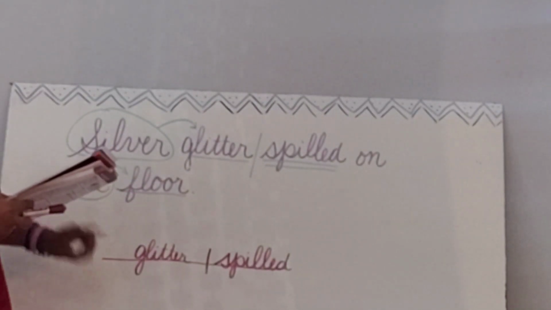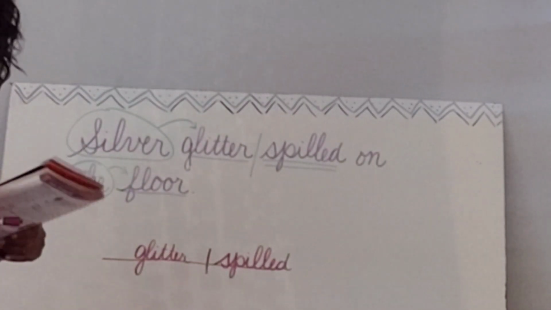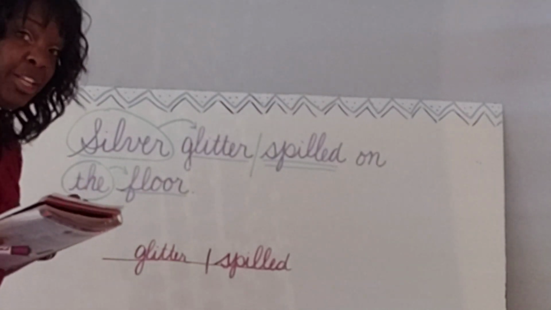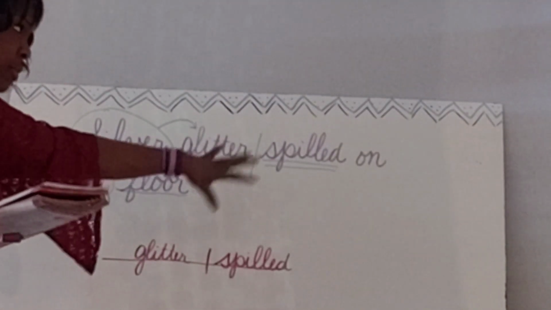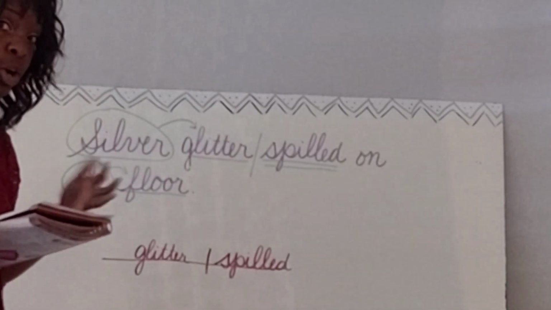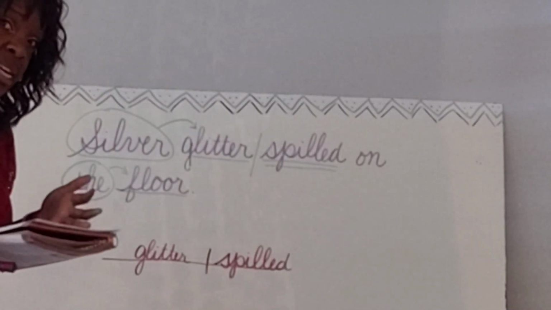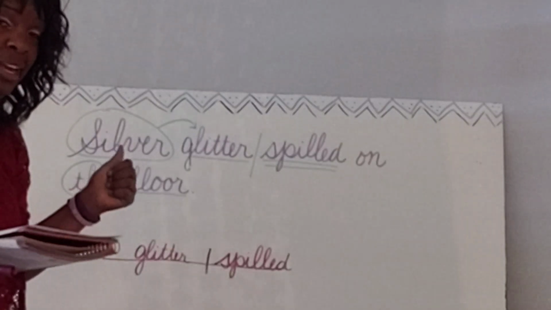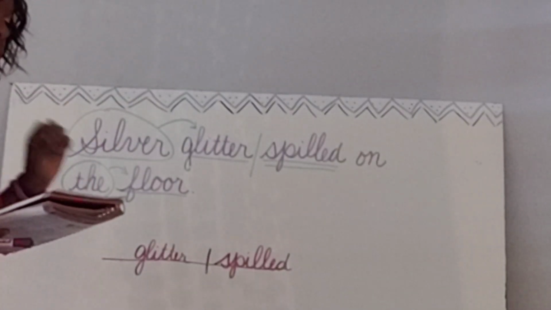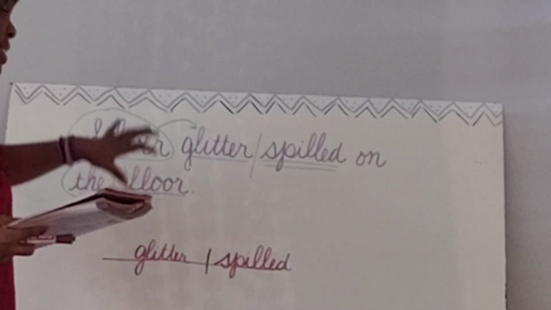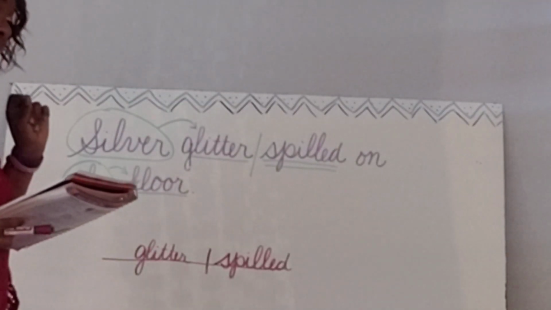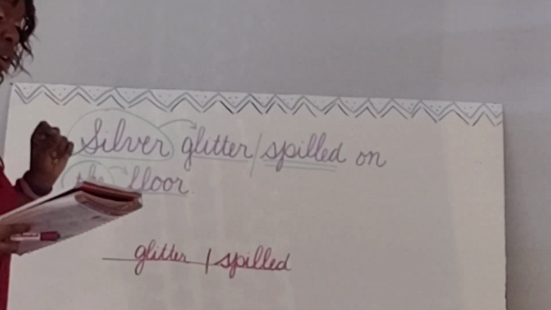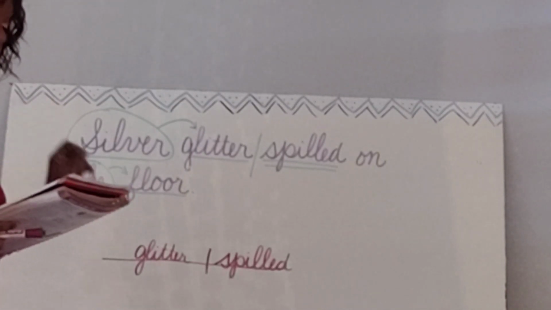But in this sentence, we have an adjective that describes glitter. And all of our words, not in this sentence, but you're going to learn that all of our words can be diagrammed. And it's so much fun. In our sentence, there is a word that is describing glitter. That adjective can also be part of our diagram.